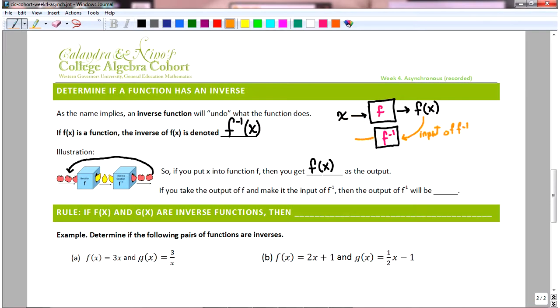That means the output should be what we originally started with. So if you take the output of f and make it the input of f inverse, then the output of f inverse will be x, the input of f.